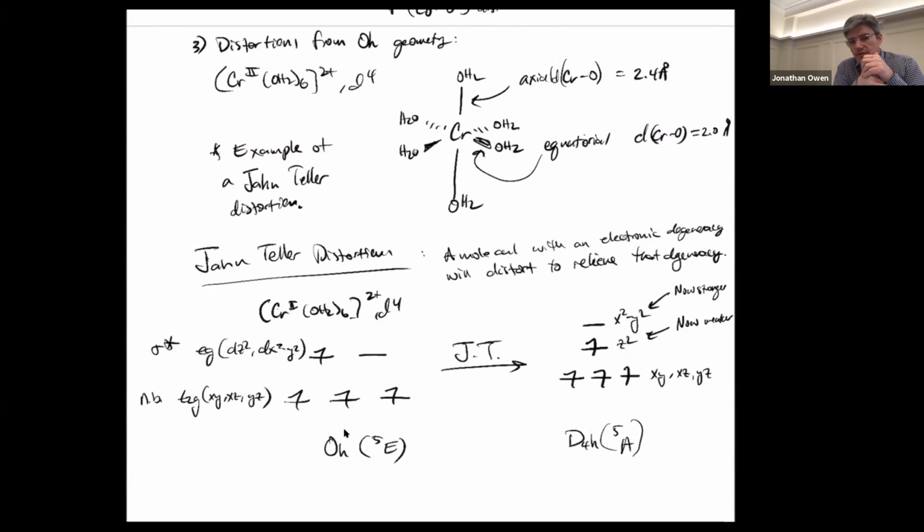In so doing, it lowers the energy of that antibonding electron, and it strengthens the bonding interaction with the water ligands in the equatorial plane. So the molecule rejiggers its situation to capitalize on its electronic structure, and it eliminates the degeneracy in doing so.